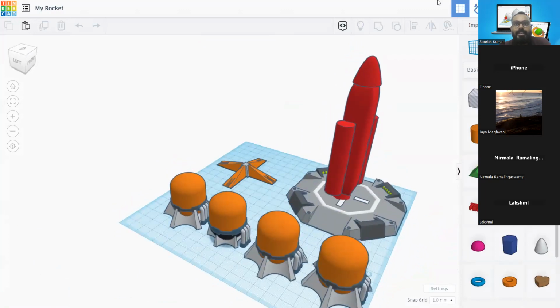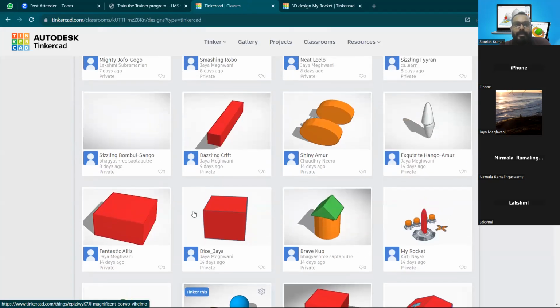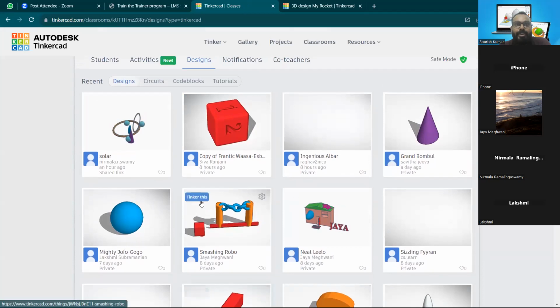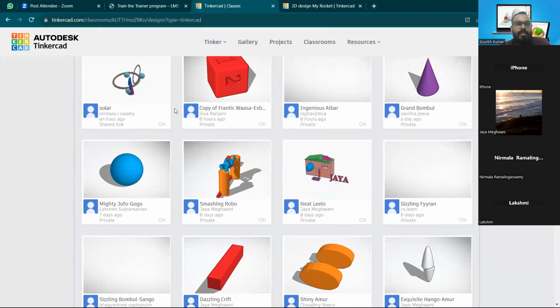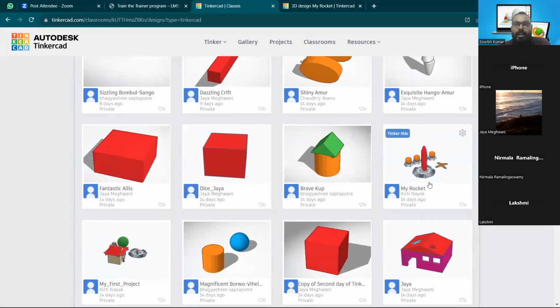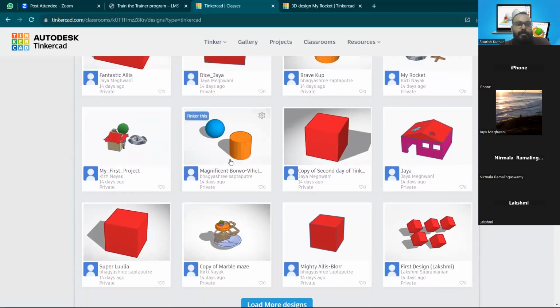So apart from this, we do have other designs as well. The reason why I keep mentioning one name, Jaya Megwani ma'am, is because she tried a lot. Also Lakshmi Subramanya ma'am, CS Learn, and Nirmala ma'am, you just started, I believe. And apart from this, Bhagyasri ma'am, and yes, Kirti Nayak.